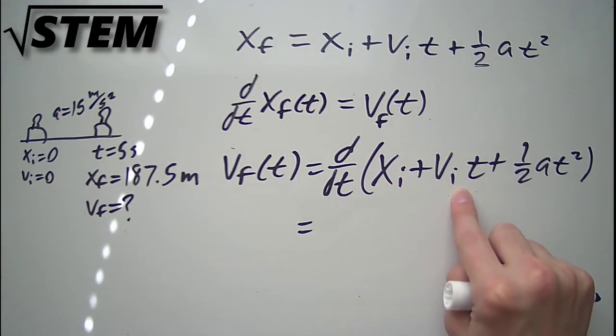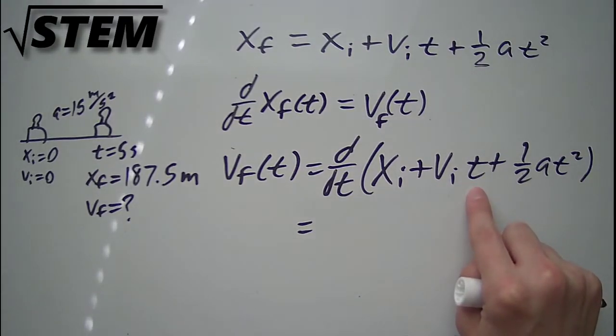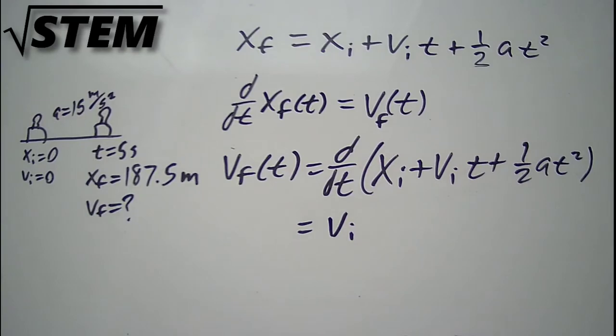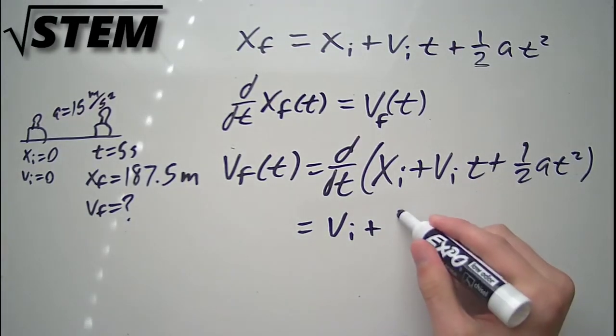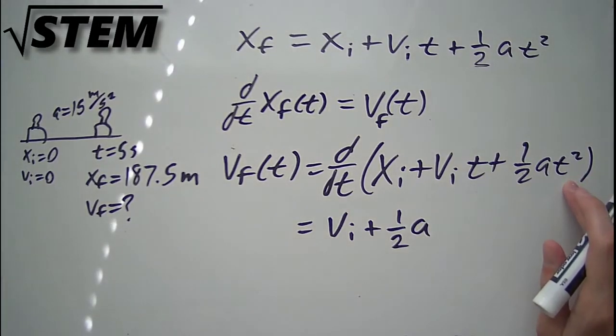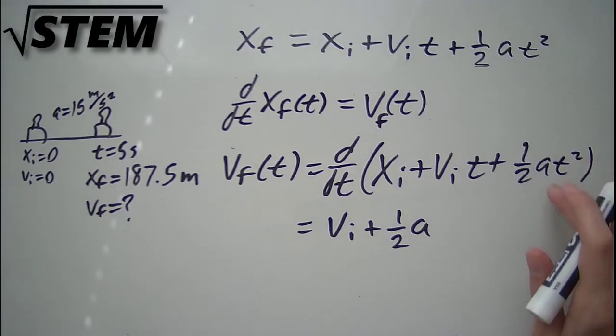Right here, v initial times t, that's just a constant times t, so the t goes away and we're left with v initial. Now, 1/2, that constant will stay out in front, a will stay there. Use our power rule on this t to bring the exponent down.